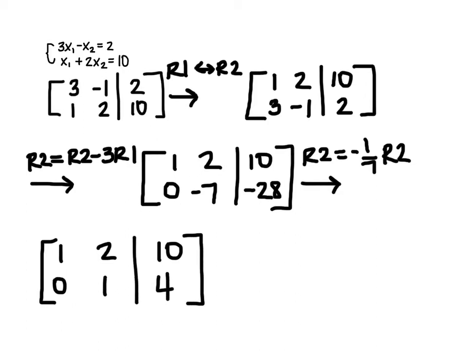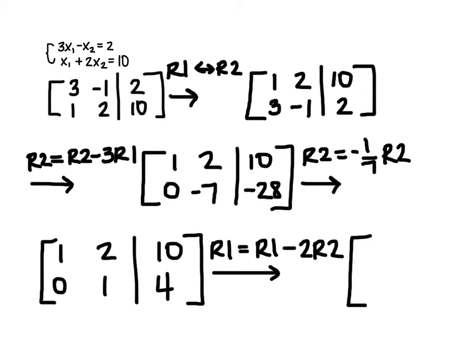Now I notice the last thing I'm missing is that I need to turn this 2 into a 0. So I need to do a row operation for row 1. My last operation is that row 1 is now going to be row 1 minus 2 times row 2. That will give me the 0 in that spot to get me the identity matrix.